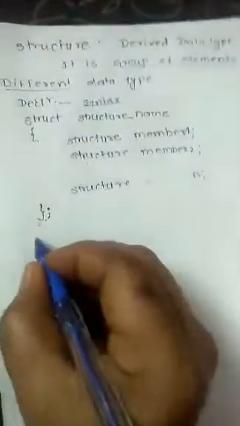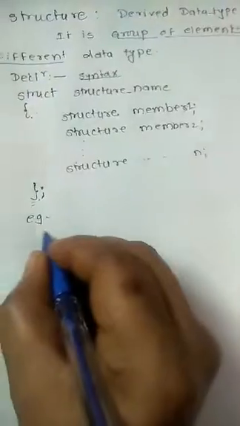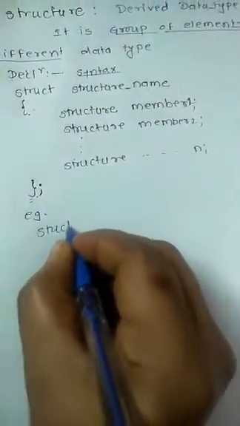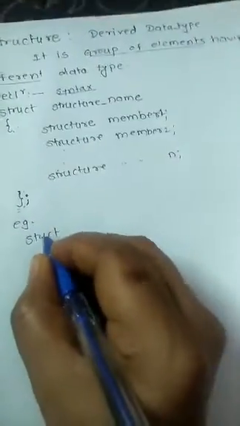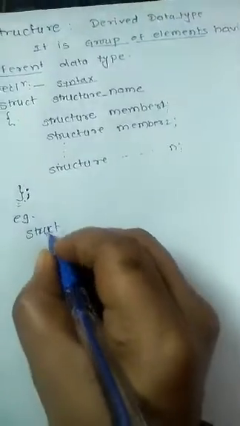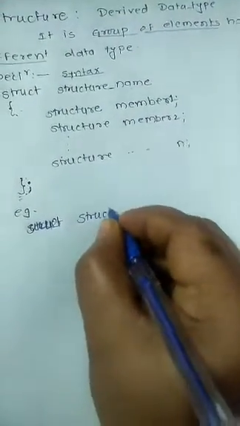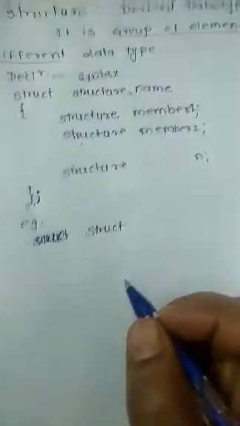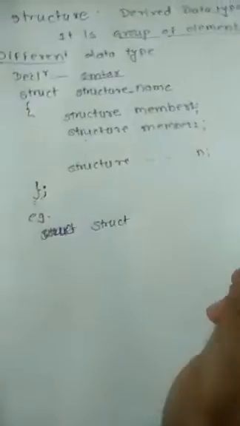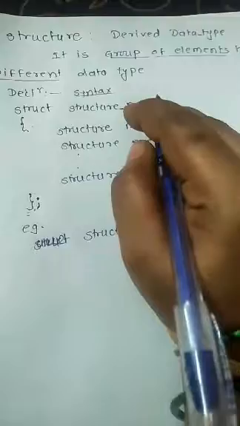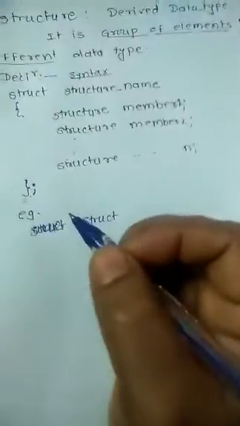So the example is struct as my keyword. We declare the structure data type using the struct keyword. And what is my structure name? For example, I give the example of student.